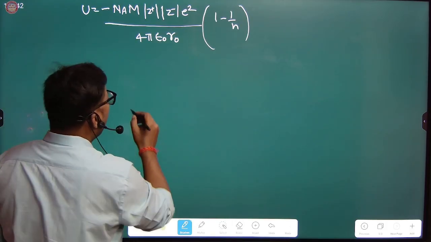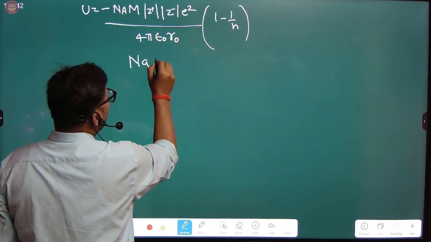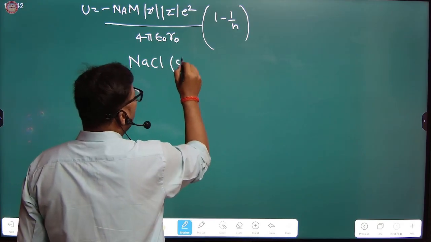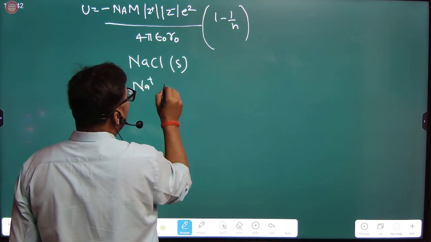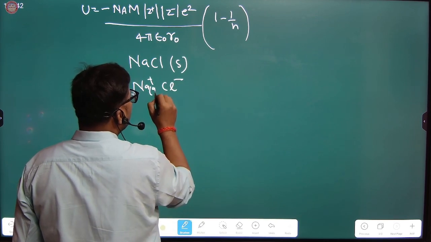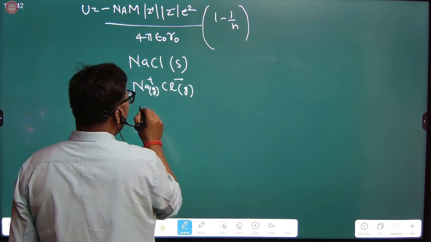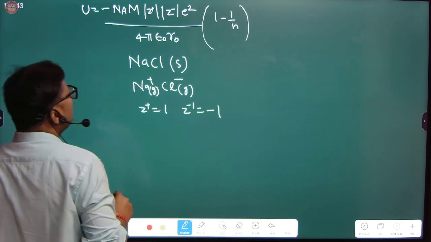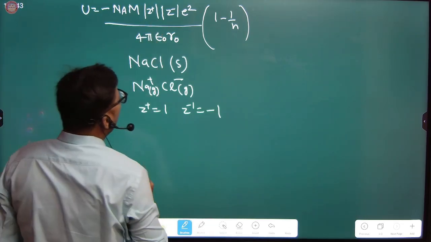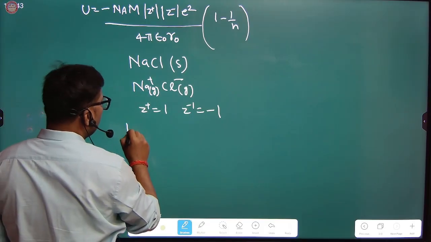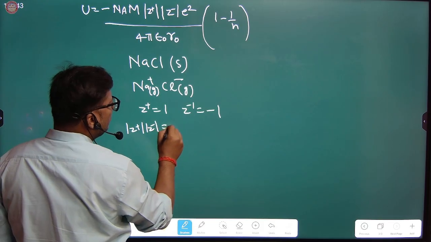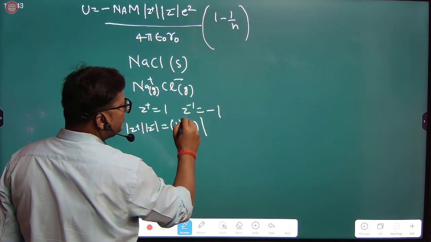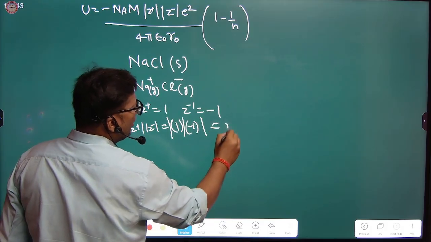Suppose we have rock salt, that is NaCl, right? In this solid, Na plus and Cl minus exist, gaseous Na plus and gaseous Cl minus. It means Z plus is equal to 1 and Z minus is equal to minus 1. So the mod of the product of charges Z plus and Z minus is 1 multiplied by 1, equal to 1, right?